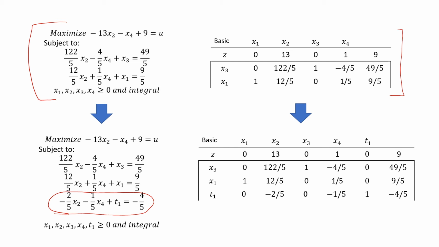In my tableau, this now adds in a new row representing the new constraint, and a new column representing the new slack variable. So I have expanded my tableau, but now I can take this and I can solve it.